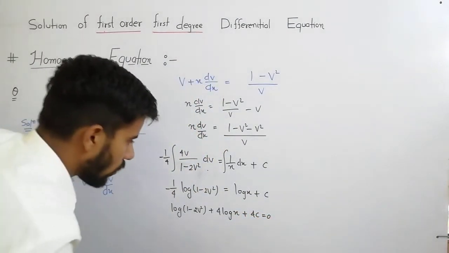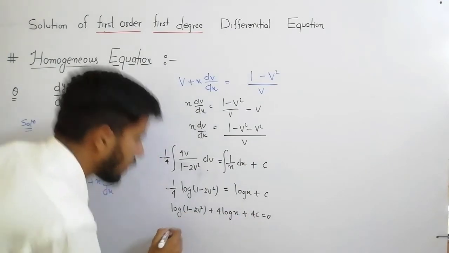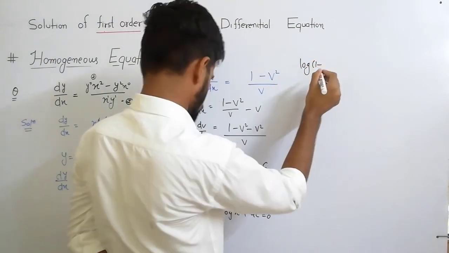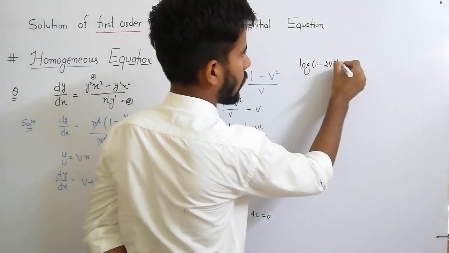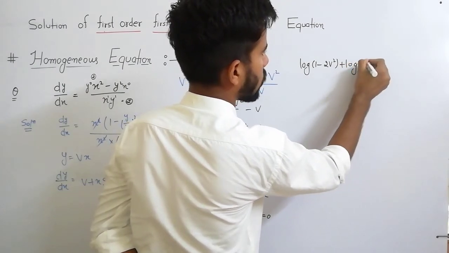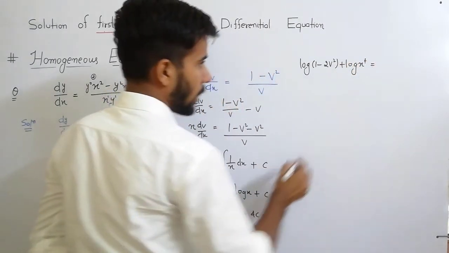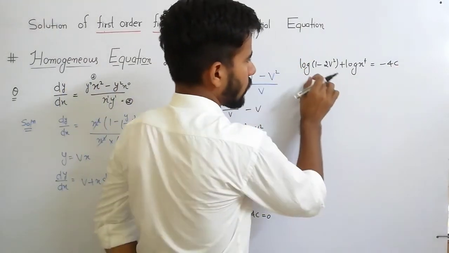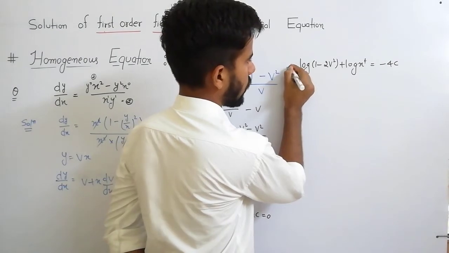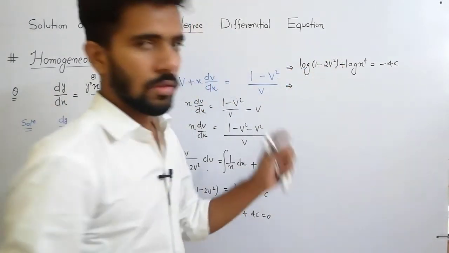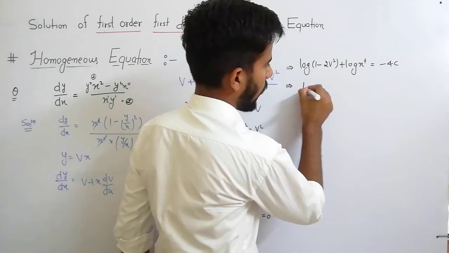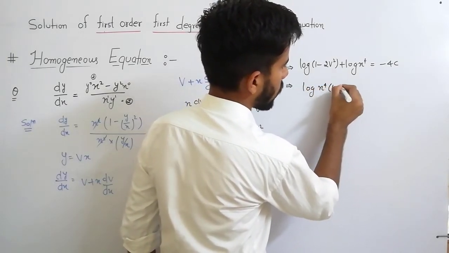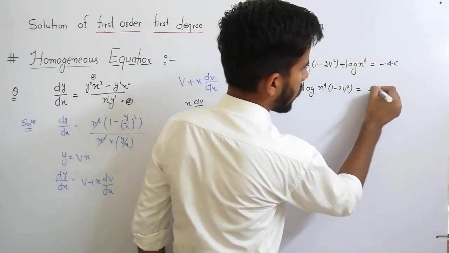This can be written as log of 1 minus 2v square plus log of x raised to power 4 is equal to minus 4c. The property of log is that log a plus log b is log of a into b. So log of x raised to power 4 into 1 minus 2v square is equal to minus 4c.